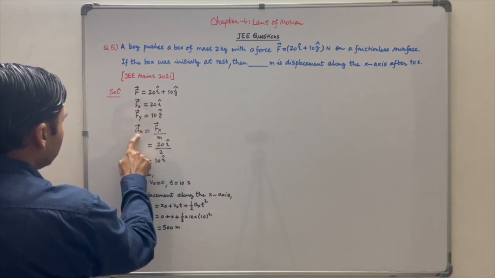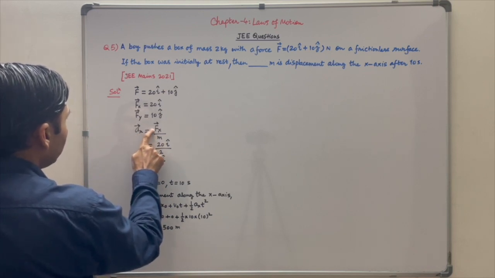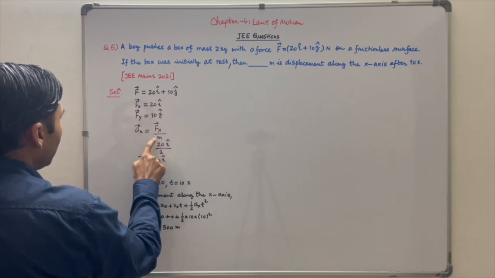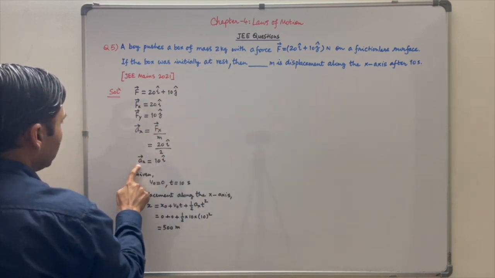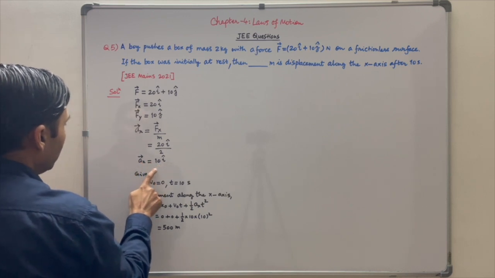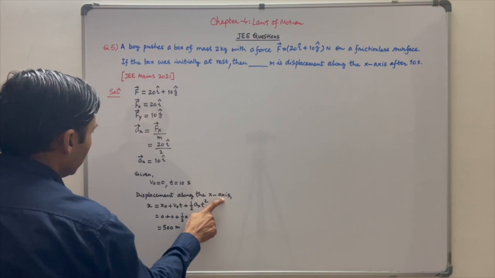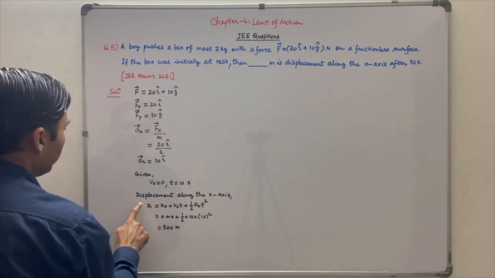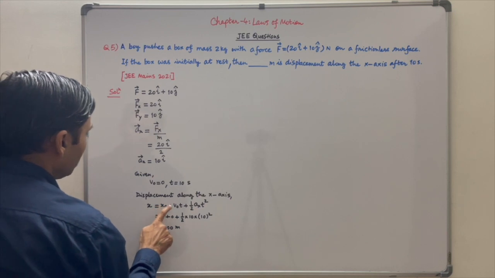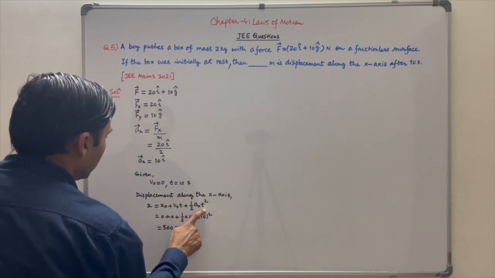Acceleration along x-axis is equal to Fx upon m. Magnitude of Fx is 20 Newton. M is given as 2 kg. So acceleration along x-axis is equal to 10I. We can calculate displacement of the box along the x-axis by applying second equation of motion in a straight line. X is equal to x0 plus v0t plus 1 by 2 ax into t square.